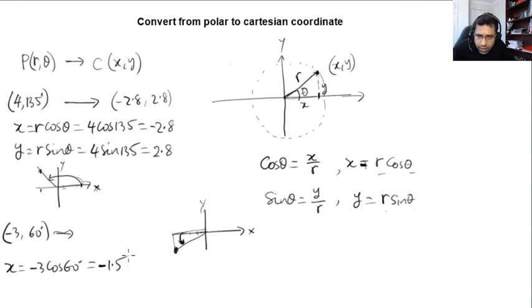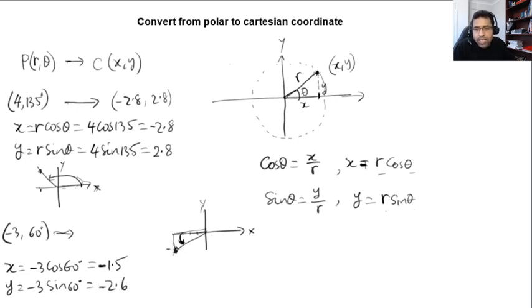And for y, it is negative 3 sine 60 degrees, and minus 3 times sine 60 is minus 2.59, so let's say minus 2.6.